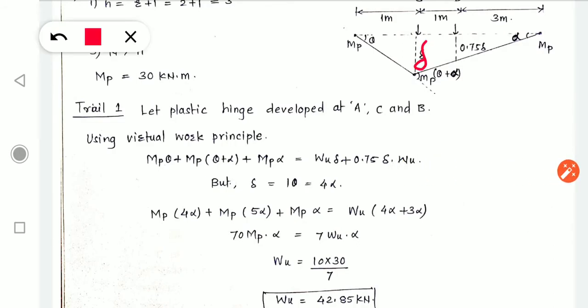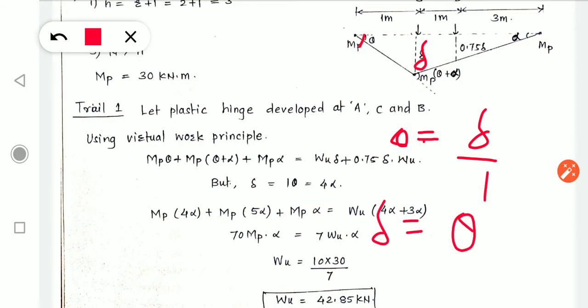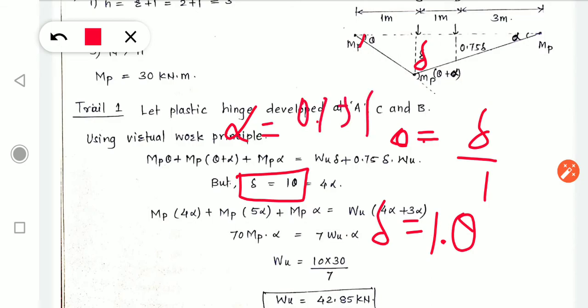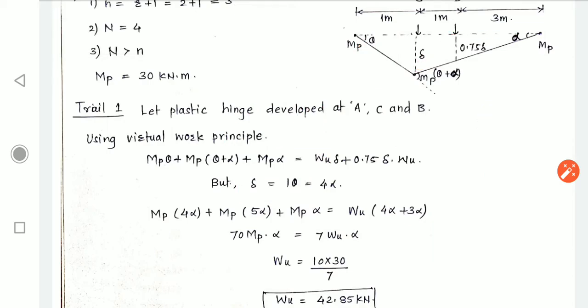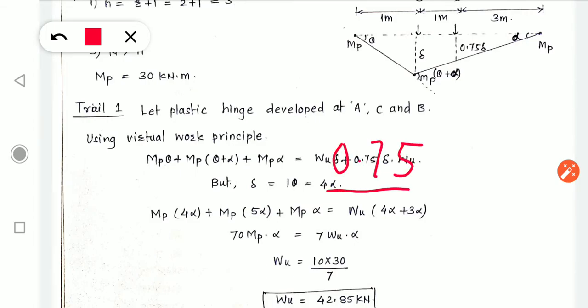So from the theta side, theta equals deflection divided by 1, so deflection becomes equal to theta, right? 1 into theta. That's what I wrote in the first term. From the alpha side, alpha equals what? 0.75 delta divided by 3. So 0.75 divided by 3 into the deflection delta. That will be alpha.